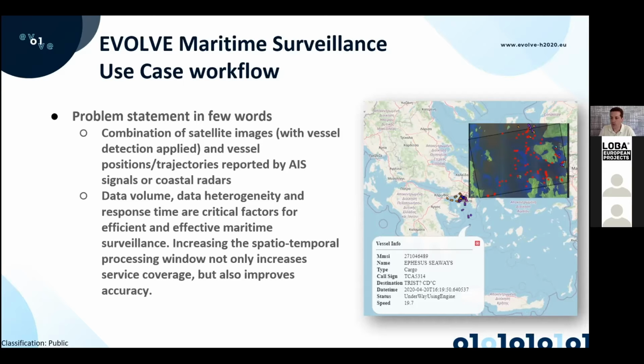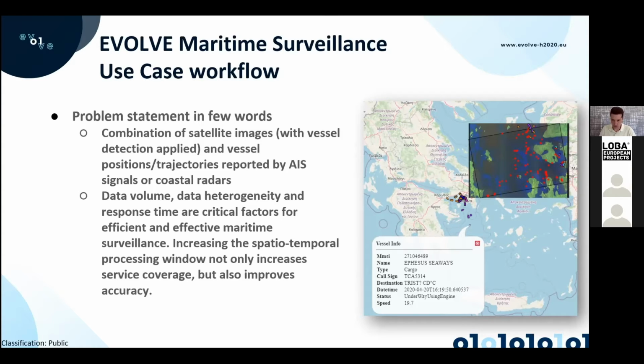The second source of information is AIS data. For those of you who are not familiar with the technology, AIS is a kind of signal which is broadcast by large vessels, reporting their status, their position, their name, ID, and so on. These signals are collected by a network of terrestrial receivers and are fused together in a GIS system.